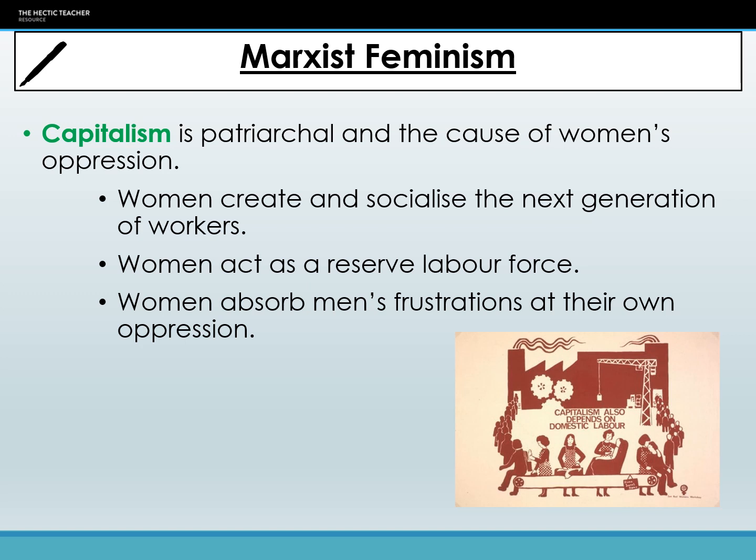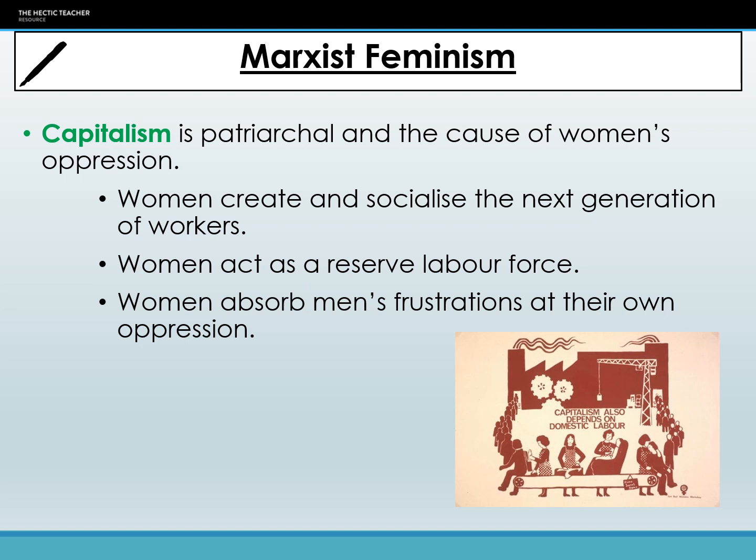A majority of part-time workers are female. They're the gap fillers, if you like, within industry, because women are considered to be more likely to ask to be part-time than men are.